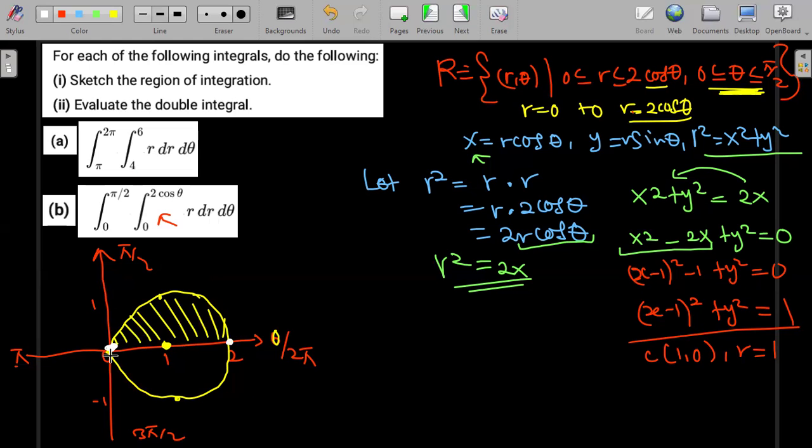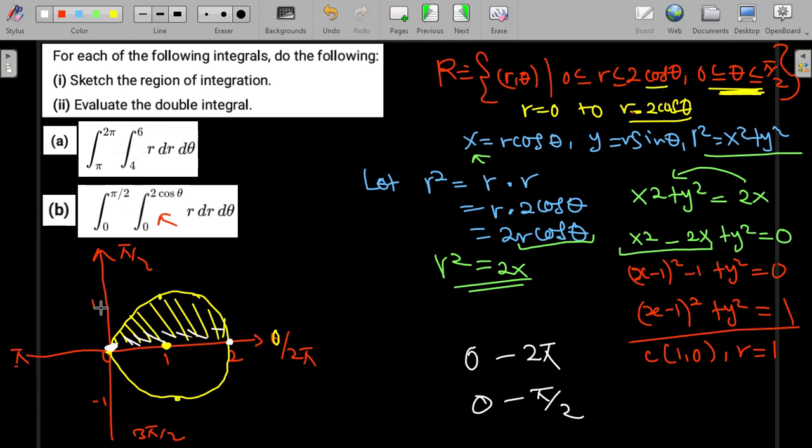So that is my theta, sweeping from 0 all the way to pi over 2. I'm not considering the part down here, because if I go down, it would mean I'm sweeping the entire thing, but my restriction is just from 0 to pi over 2.